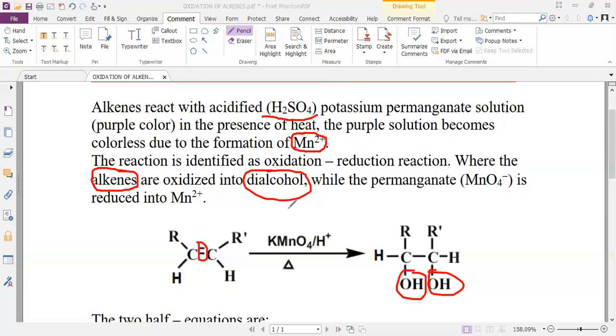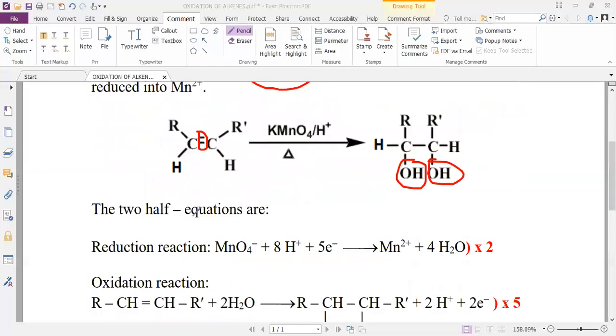Since it is an oxidation-reduction reaction, we have two half reactions. The first is the reduction reaction, where MnO4- is reduced into Mn2+.